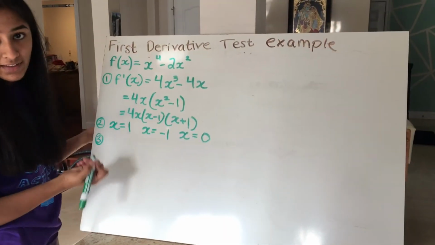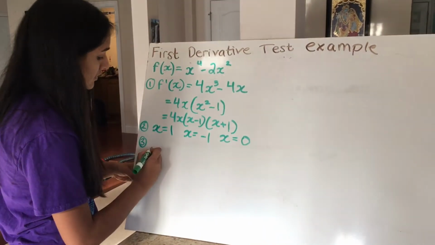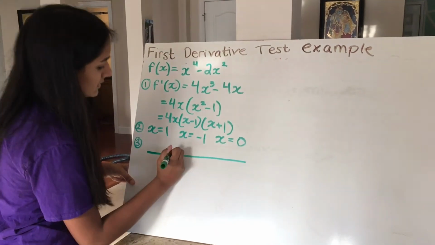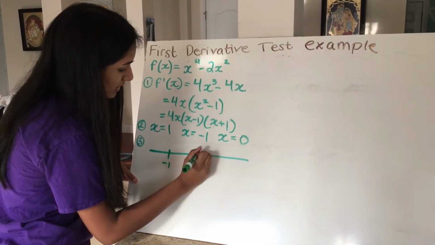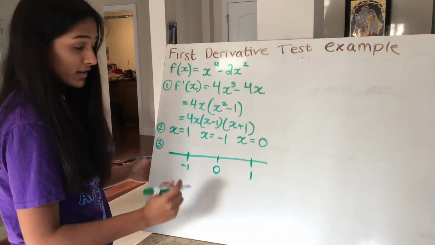Next are the intervals of increasing and decreasing. And to do that, we need to make a sign chart. So you draw your line, and you put your critical points on this line. So we have -1, 0, and 1. So here are our intervals.